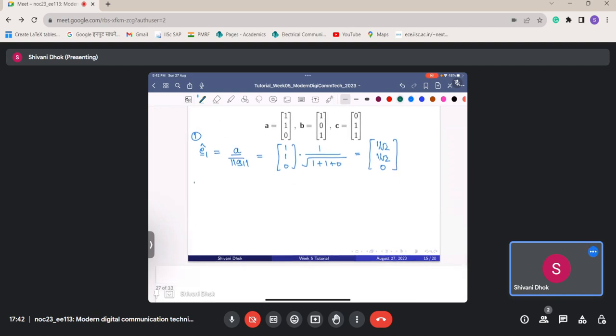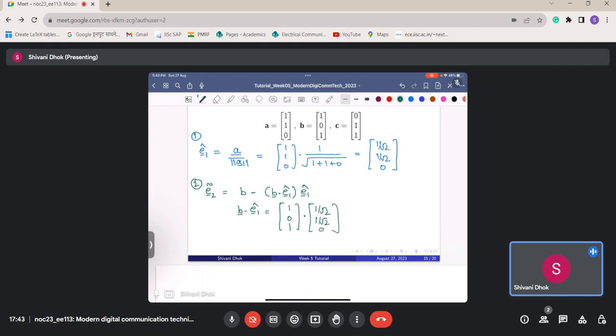Now for the second vector, we'll consider an intermediate thing. So this will be b minus (b dot e1 hat) into e1 hat. So this b dot e1 hat is equal to (1, 0, 1) dot product with (1 by root 2, 1 by root 2, 0).